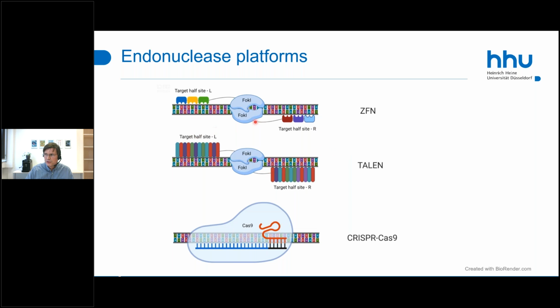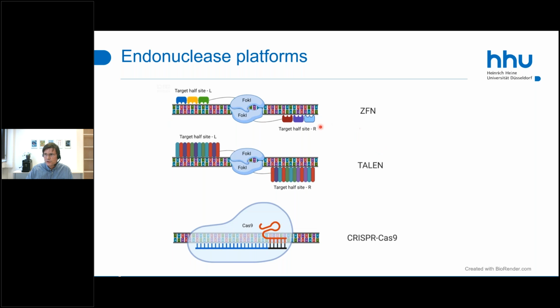So on top, you see zinc finger nucleases and transcription activator-like effector nucleases, TALENs, and zinc finger nucleases are protein-based endonuclease platforms. So usually they consist of 2 parts. You have one part which is responsible for the binding to the DNA, and then you need a scissor.